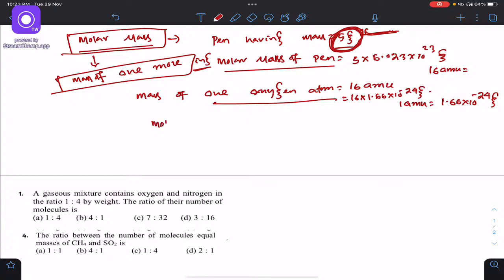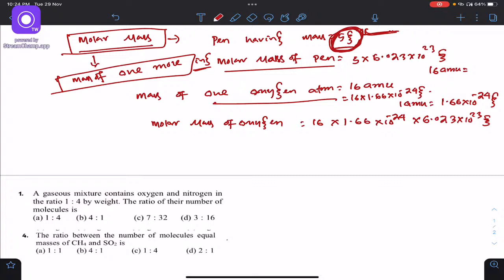So what is the molar mass of oxygen? Molar mass of oxygen is 16 into 1.66 into 10 to the power minus 24 into 6.023 into 10 to the power 23 gram. The mass of one oxygen atom is 16 into 1.66 into 10 to the power minus 24 gram, but molar mass means 1 mole, and 1 mole means 6.023 into 10 to the power 23.